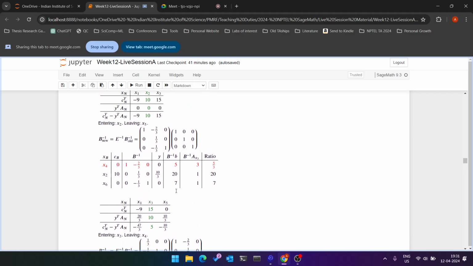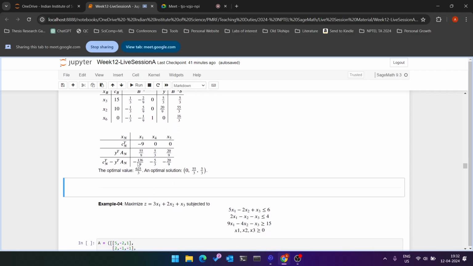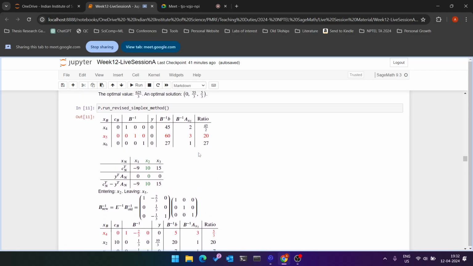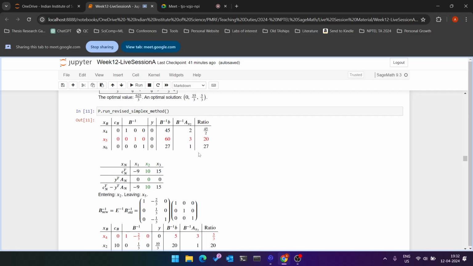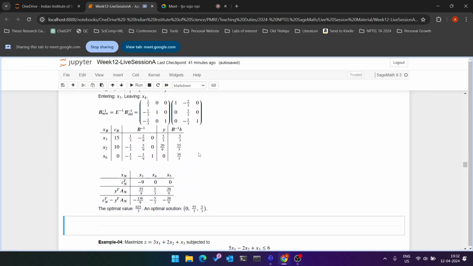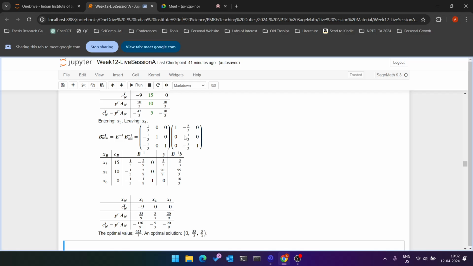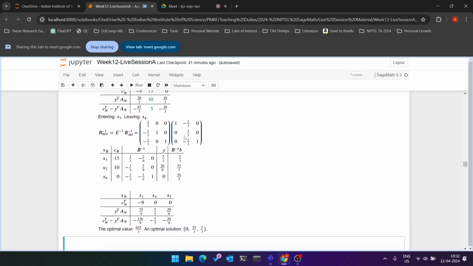So if I go back to my original equations and plug in x1 as 0, x4 as 0, and x5 as 0, from that we get the optimal solution values for x1, x2, x3, which are my original variables to begin with. So it turns out to be 0, 55 by 3, and 5 by 3. So this helps me arrive at the optimal solution, and I think it's straightforward.